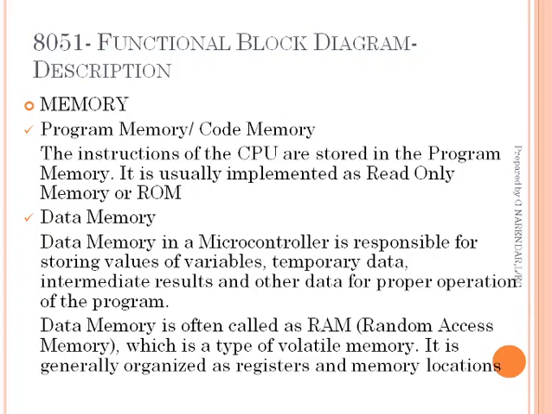That means each memory location can accommodate 8 bits of data, or 1 byte of data. Some of the memory locations are treated as registers. So the 128 bytes of on-chip RAM is organized as a few registers, and the remaining are memory locations.